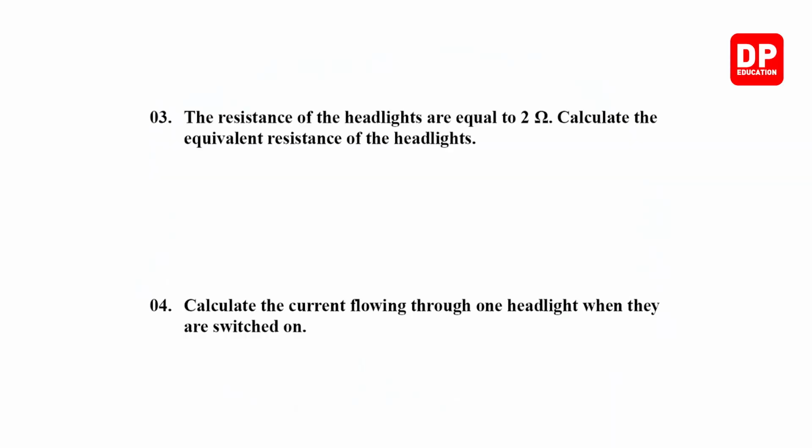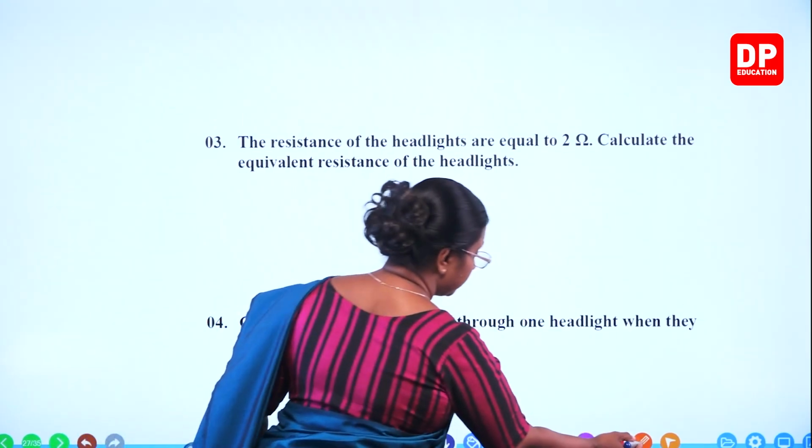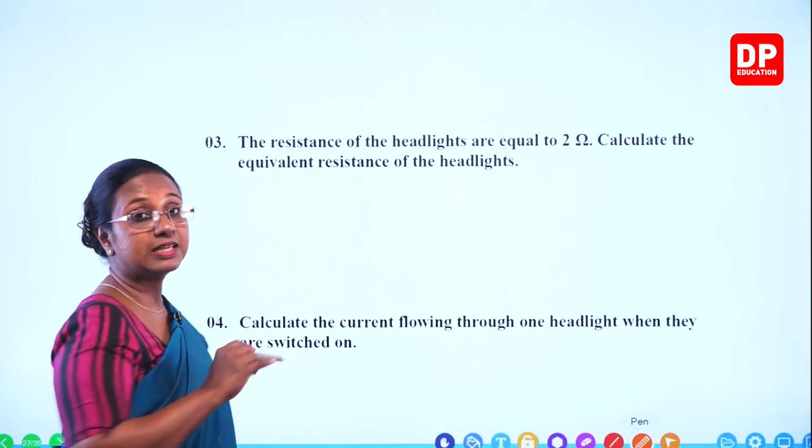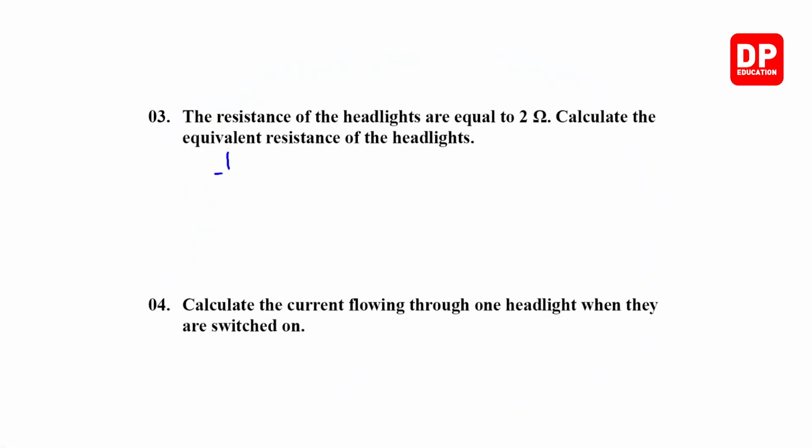Third part of the question, the resistance of the headlights are equal to 2 ohms. Calculate the equivalent resistance of the headlights. So if one is 2 ohms, here in that circuit they were connected parallelly. What is the equation? 1 over R is equal to 1 over R1 plus 1 over R2.